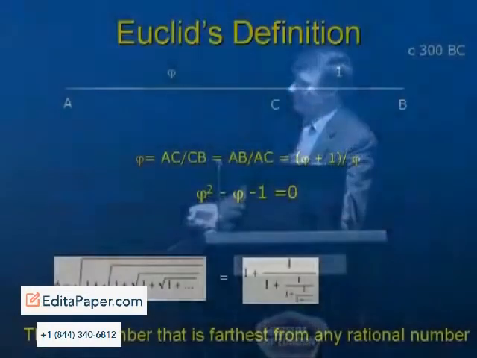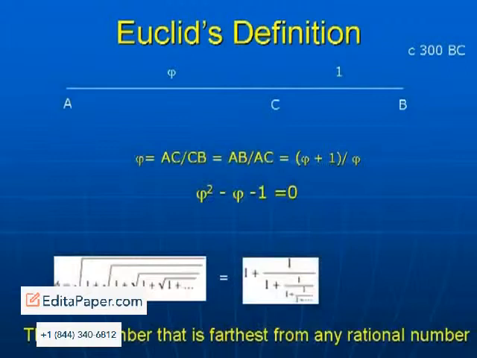Euclid had a slightly different definition. It's an extremely old one, 300 BC, and it's worth seeing it. He doesn't use rectangles and areas, he just uses a line. And phi is the distance from A to C, and 1 is the distance from C to B. And phi is to be the ratio of AC divided by CB, when that's also equal to AB divided by AC.